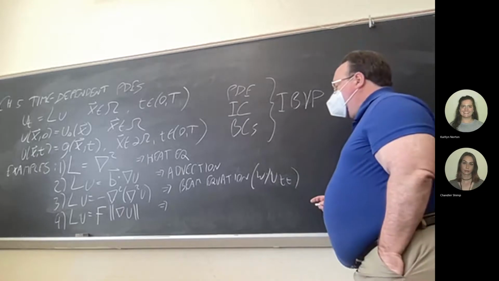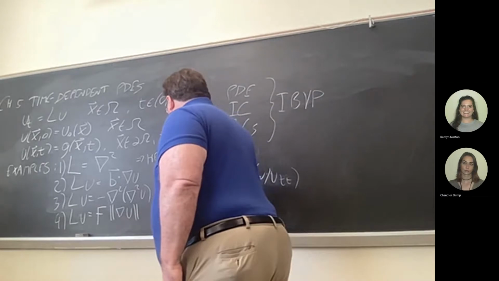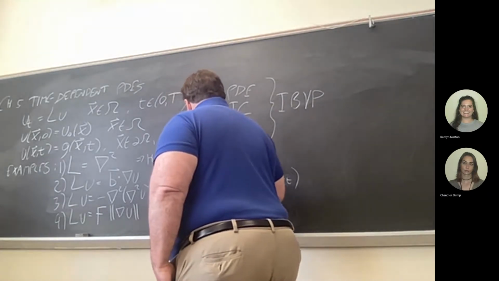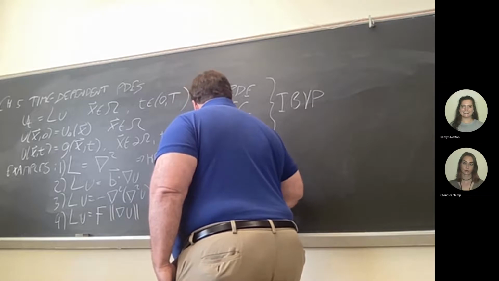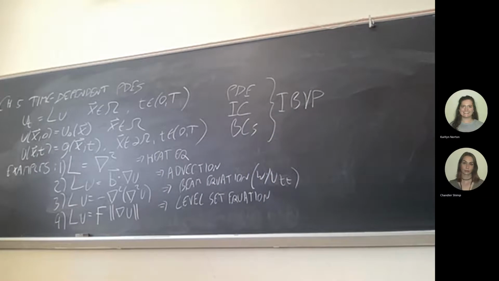Now, when you pair this with ut, you get what's called the level set equation. And the level set equation is for tracking how the interface between two substances moves over time.